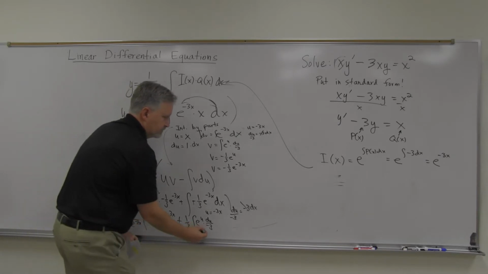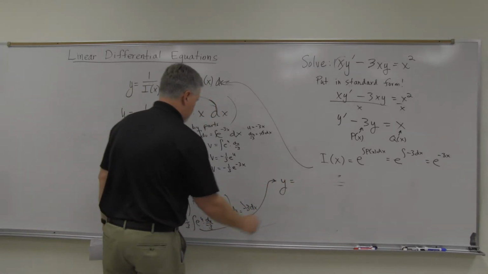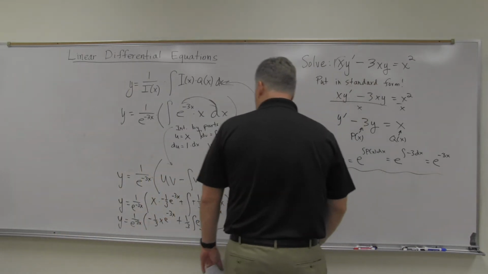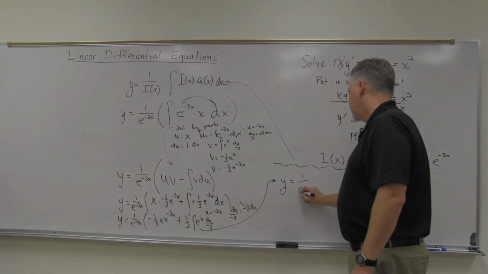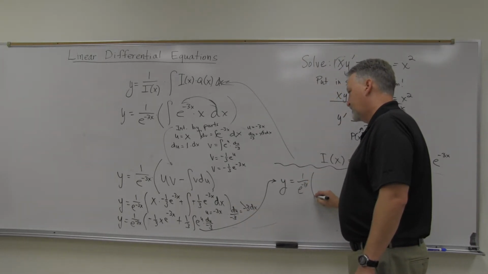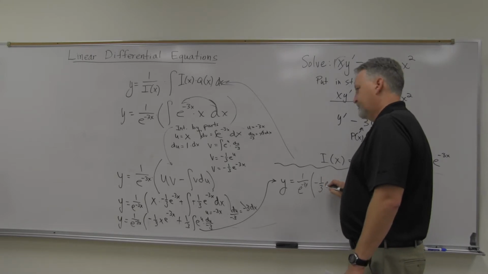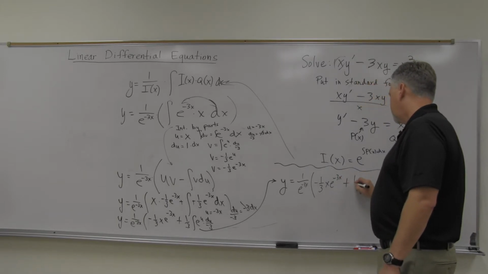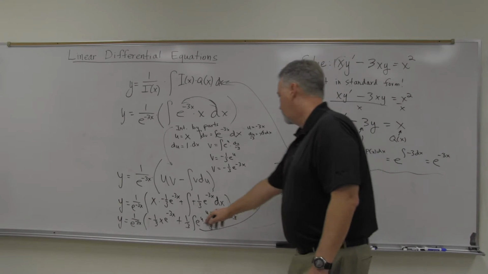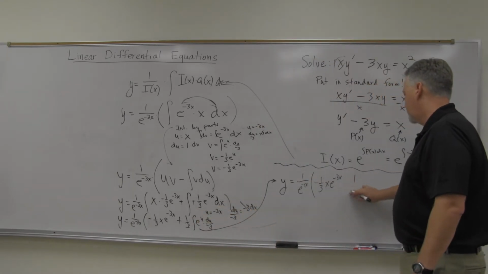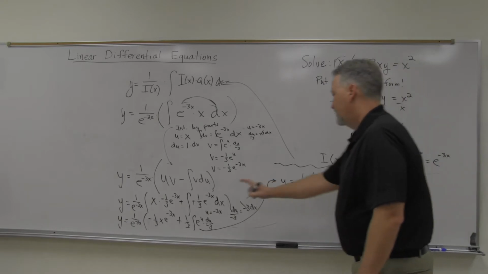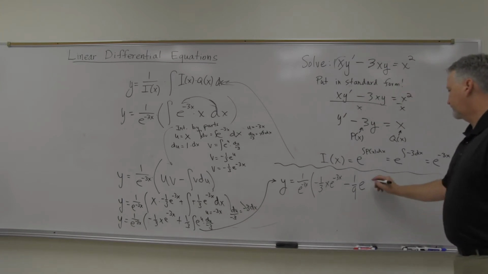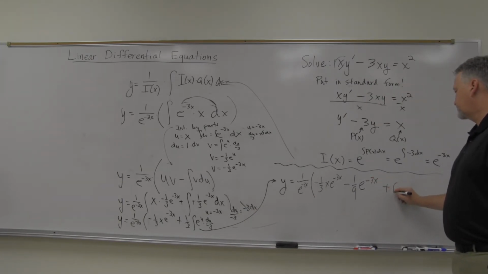Now, let's do it right here. y equals 1 over e to the minus 3x, times negative 1/3 x times e to the minus 3x, plus, all right, so I've got a 1/3 times a negative 1/3, so it'll be a negative 1/9. e to the u is just e to the u, but again, u is negative 3x, so that'd be e to the minus 3x, and then plus a c.